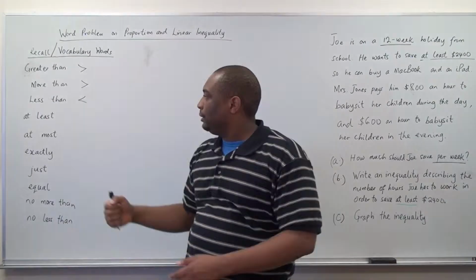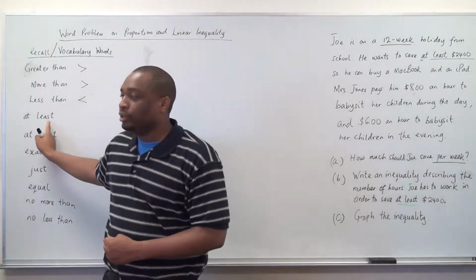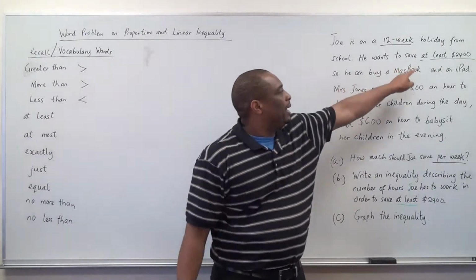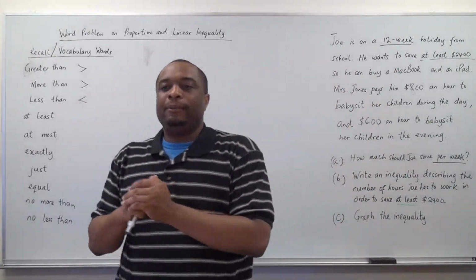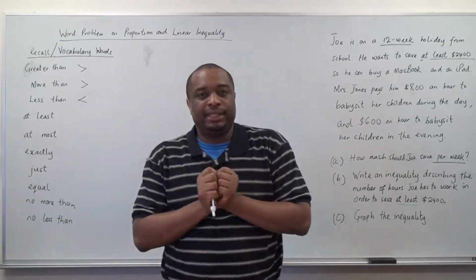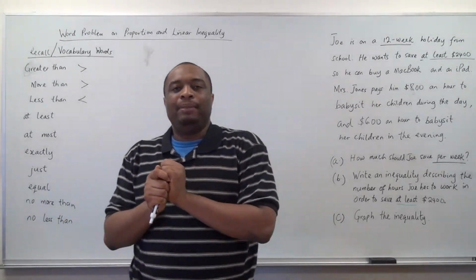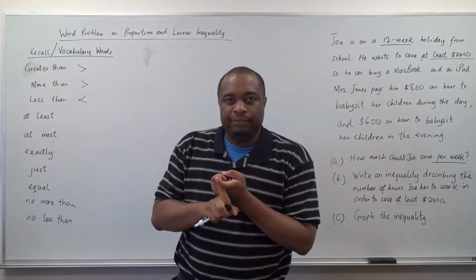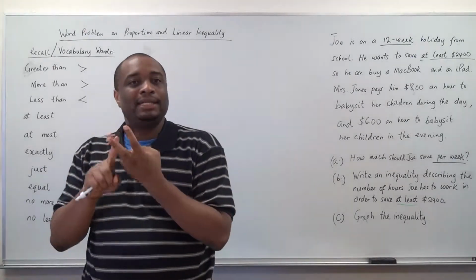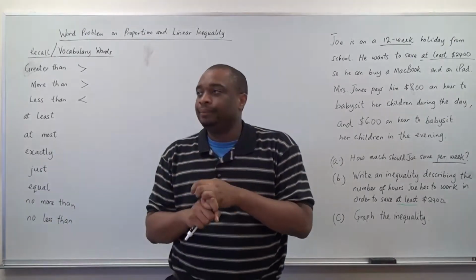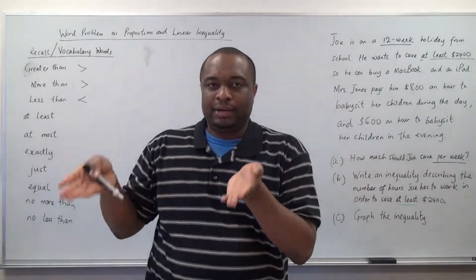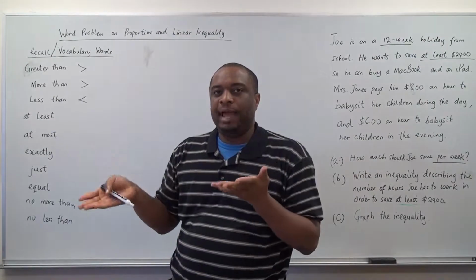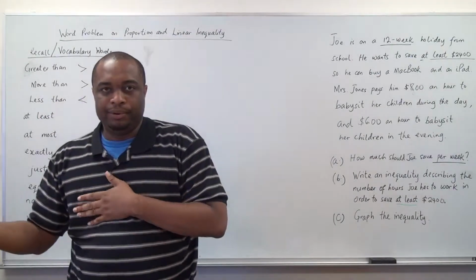Then at least. This is a very good term, at least. At least means what? If I say, hey Joe, can you buy me at least 5 oranges? So that means Joe can buy 5, he can buy 6, he can buy 7, he can buy 8. So at least means that number and above. At least 5 means 5 and above.